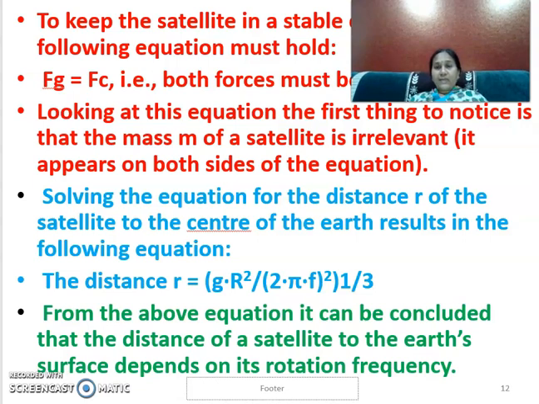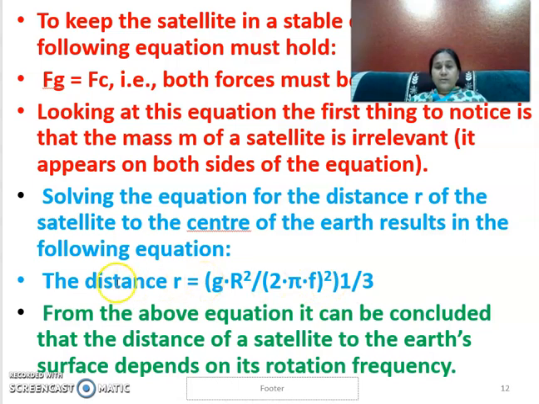To keep the satellite in its orbit, whether circular or elliptical, both forces should be equal, that is, Fg should be equal to Fc. When we equate the above expressions for Fg and Fc, we get the distance r equal to the cube root of g R square divided by 2 pi f whole square.